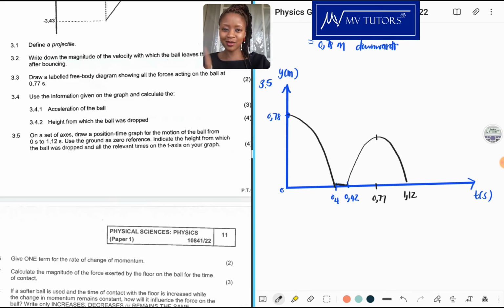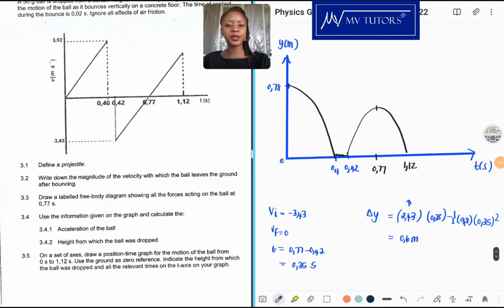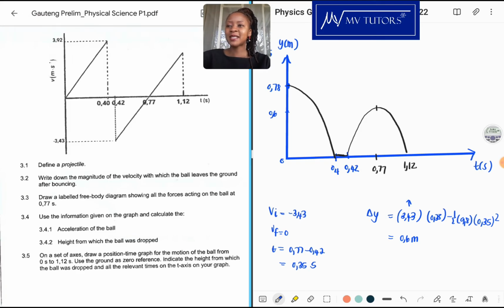So see you in a sec. Okay, so if you calculated it, still using the same equation to calculate delta y, you would get 0.6. But like I said, I don't think it's necessary. They just asked for the initial height and the rest of the times. Okay, so that is that.